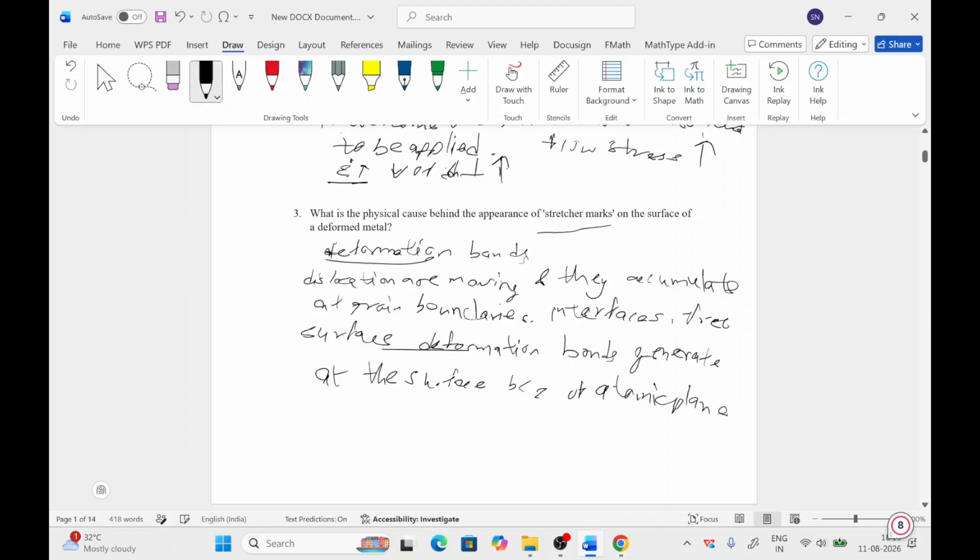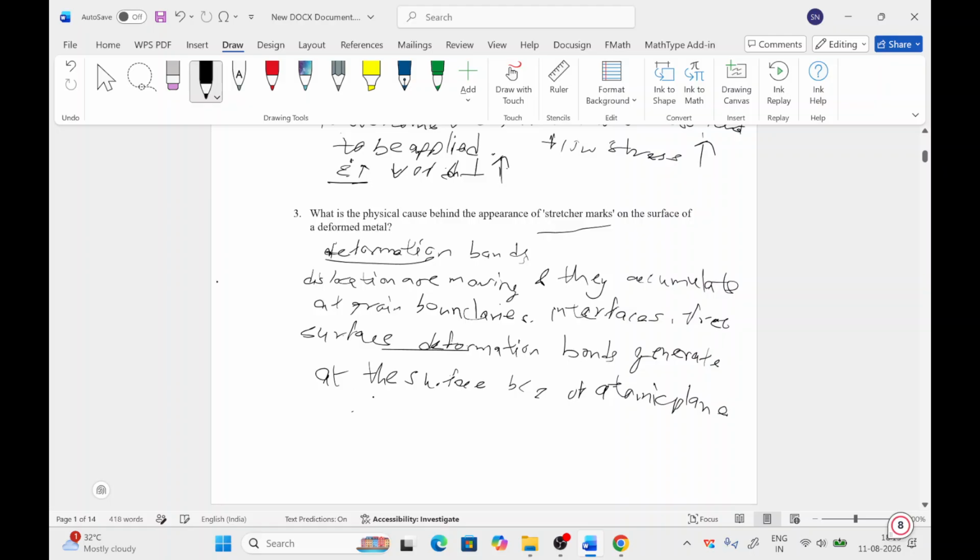If the deformation is higher and the dislocation density is also high, the deformation is constrained only in that area of the sample.